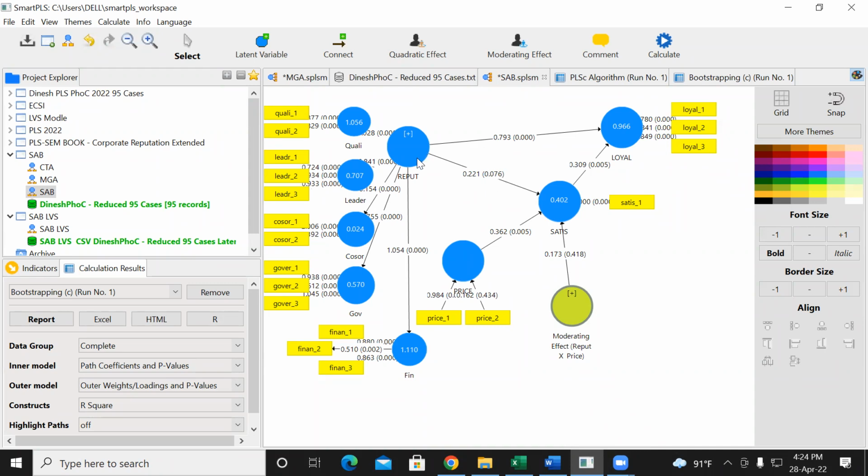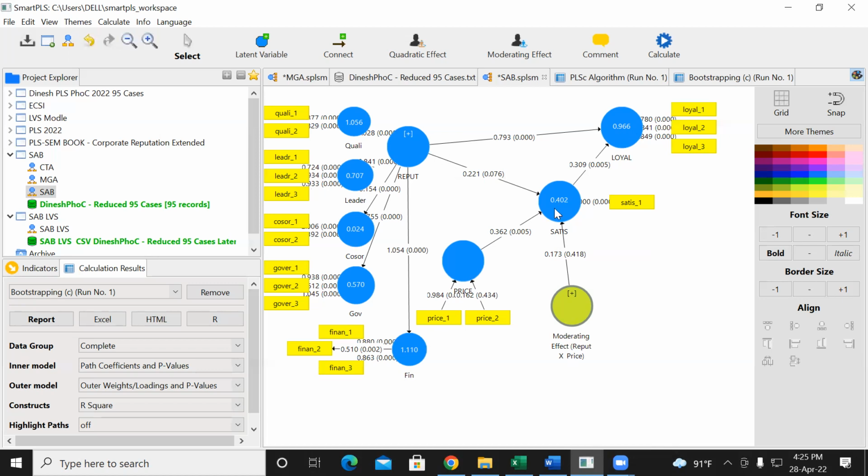Reputation leads to satisfaction; we will assume for the moment this is also marginally significant, but ideally it should be less than 0.05 if we are looking at a 95% confidence level. But for the moment, I will assume this is also significant. Therefore, I see the reputation to satisfaction path is significant. At the same time, the satisfaction to loyalty path is also significant, that is less than 0.05.